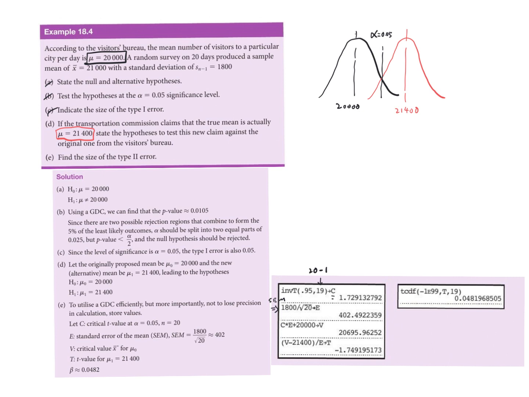We use the sample standard deviation, which is 1,800, divided by the square root of the sample size, and put it into the variable E. Then we use the T statistic multiplied by the standard error of the margin, and add the claimed mean value, which is 20,000.